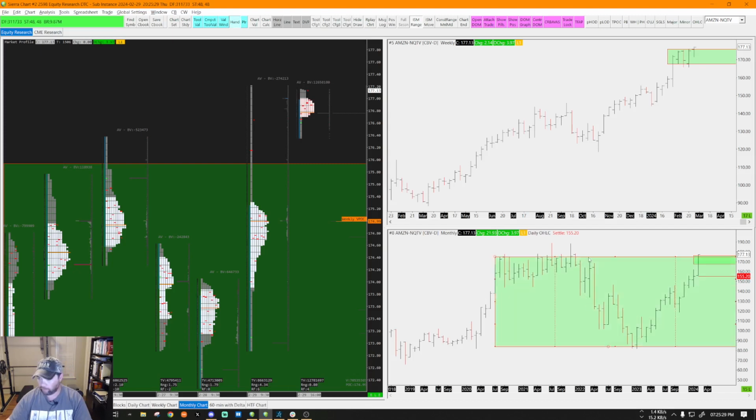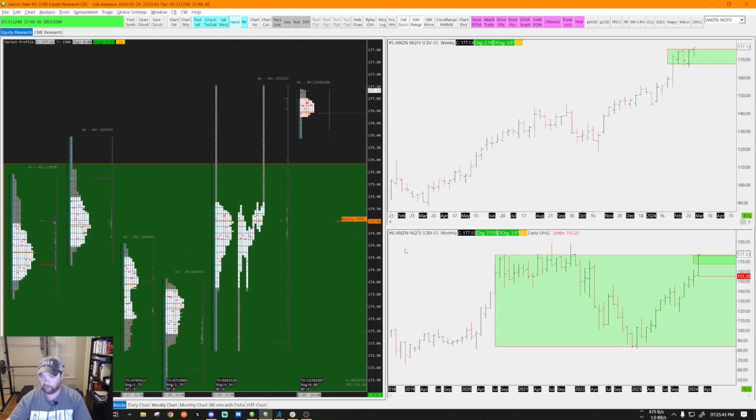This is our monthly balance. This is a very interesting chart to me. It's very weak structure. This was in the day, right? Yeah, this was a very weak structure that looks like shorts got squeezed out of this. And now I know what probably happened to ES at the end of the day.